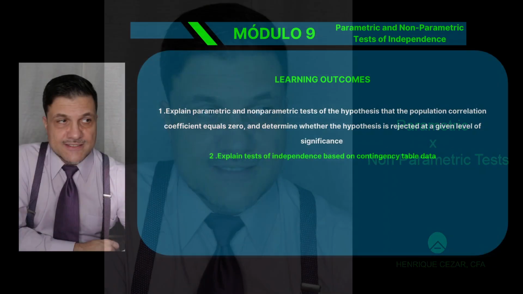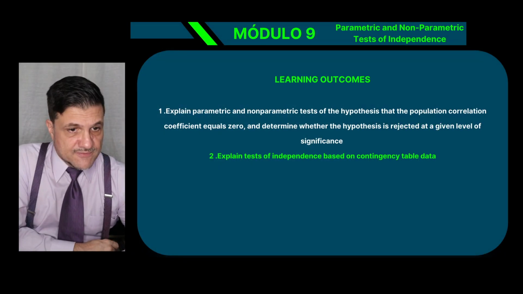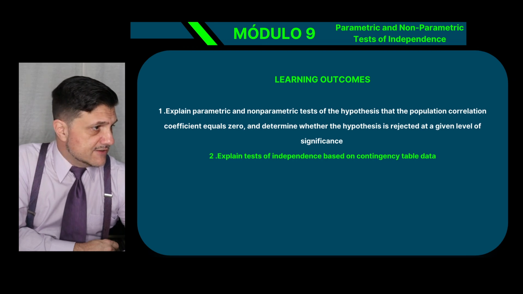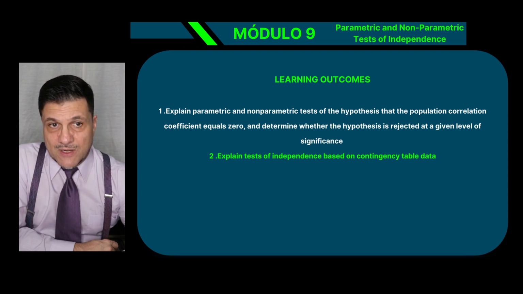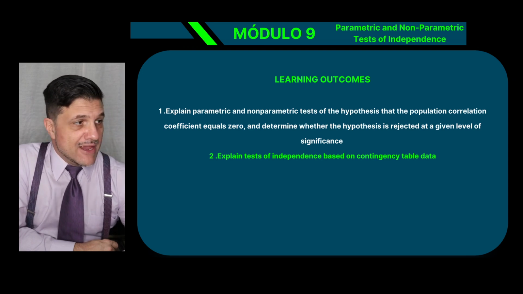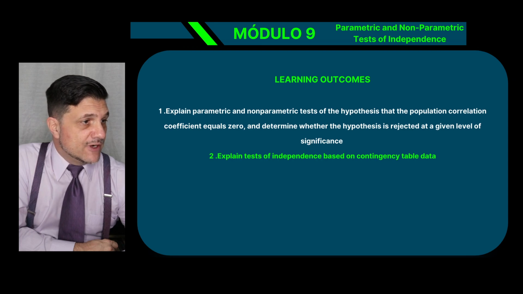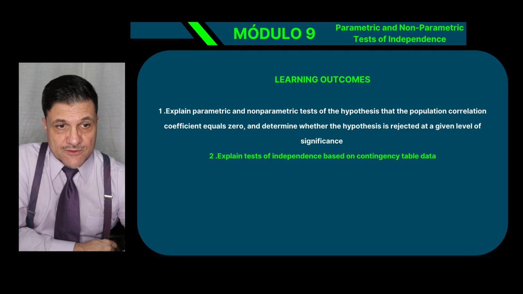So let's see the slides. There you go. We have about three, it's divided in two, but actually kind of three main learning outcomes. The first one: explain the parametric and non-parametric test of hypothesis that the population correlation equals 0.